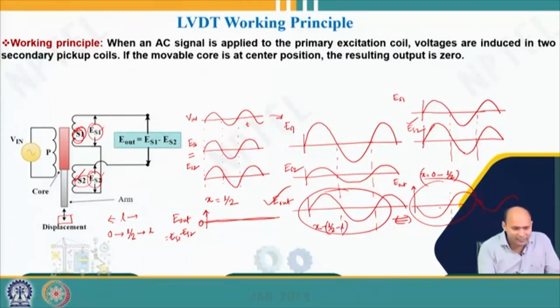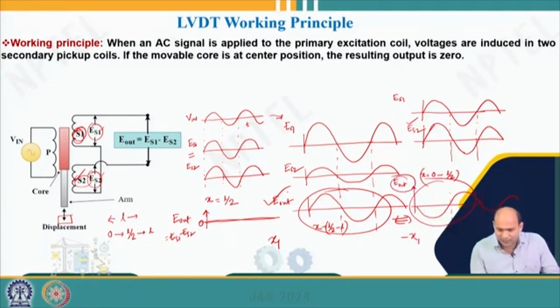If I consider equal amplitude, suppose towards S1 I have moved x1, and towards S2 I move minus x1, then the amplitude may be the same, but what is the difference? The difference will be with respect to the phase characteristic, is it not?